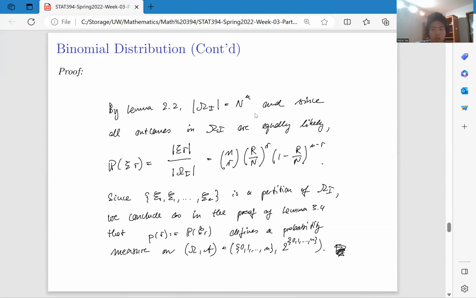And since all outcomes in omega are equally likely, the probability of E_R is equal to E_R's cardinality divided by omega's cardinality, which is n choose R times (R divided by N) to the power of R times (1 minus R divided by N) to the power of n minus R.